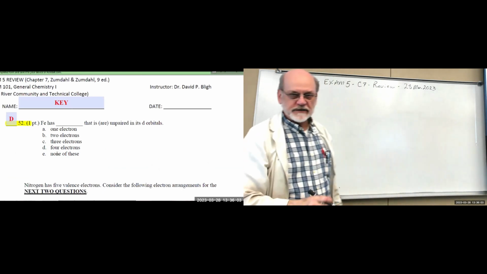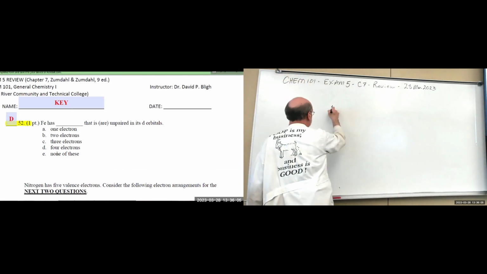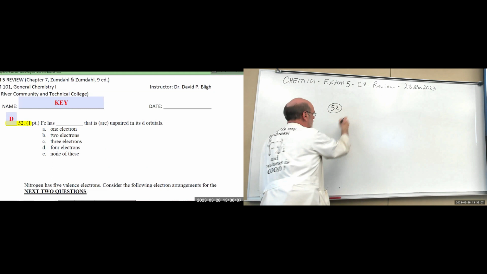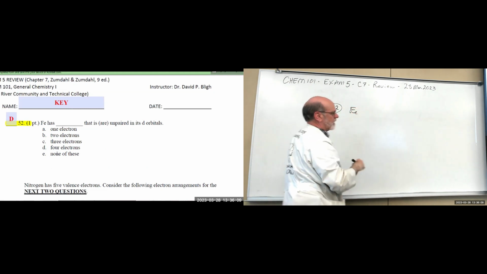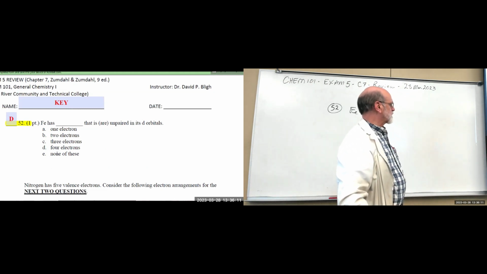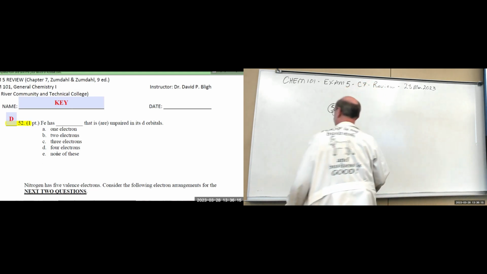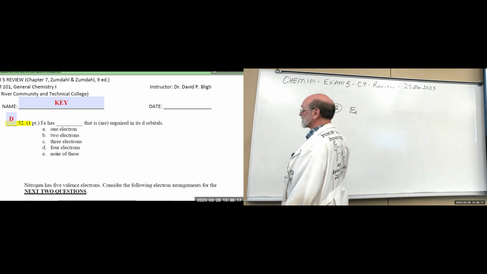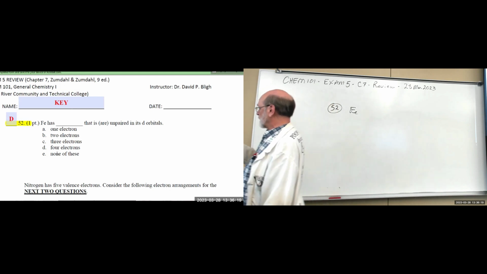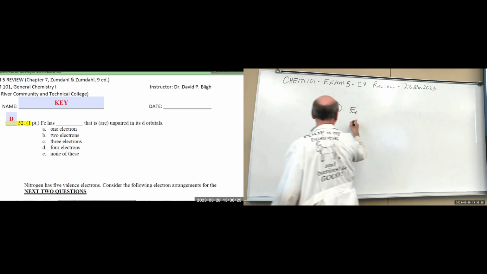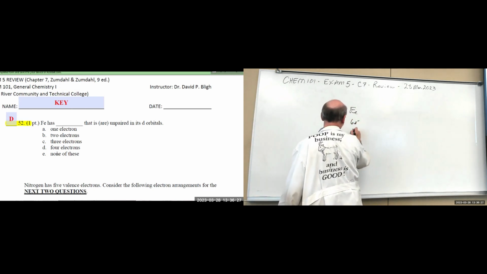Another one, 52, iron. So how many electrons unpaired in its d orbitals? Okay. So how many electrons does it have in its d orbitals? Well, scandium, titanium, vanadium, chromium, manganese, iron. 6, right? 6 electrons in its d orbitals.